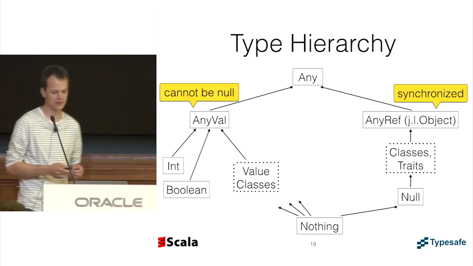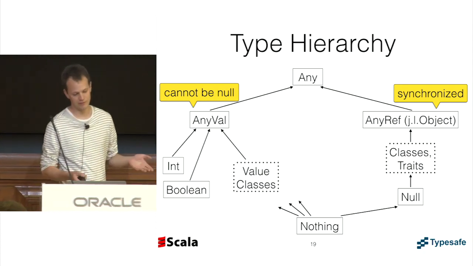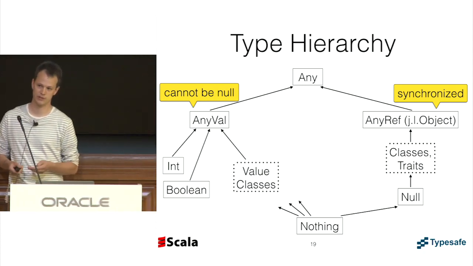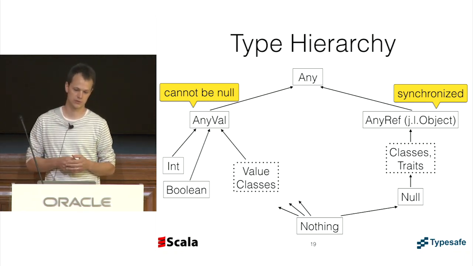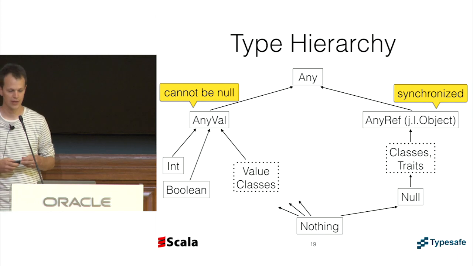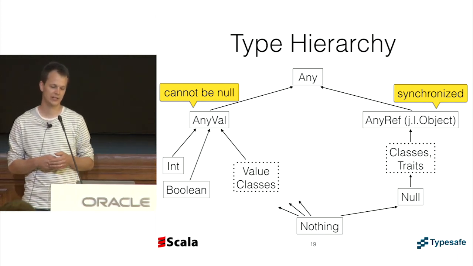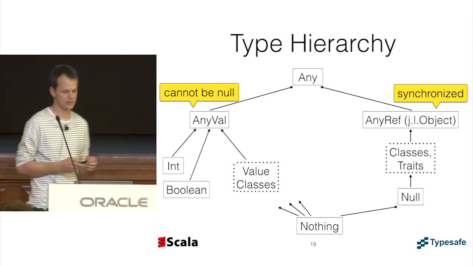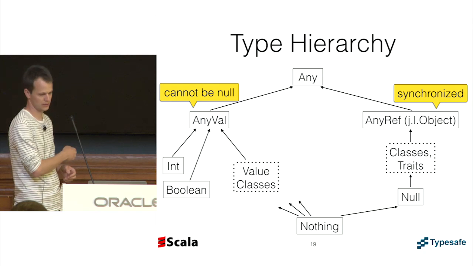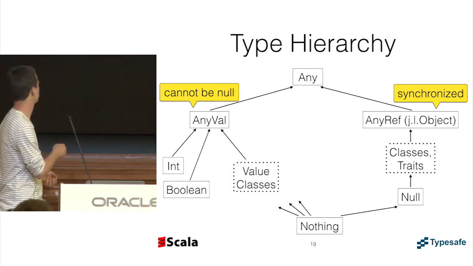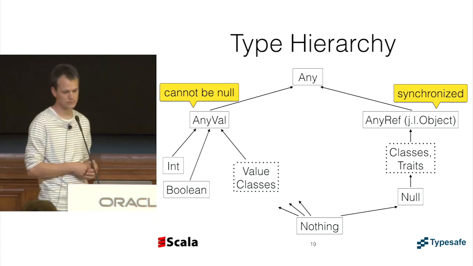The thing is that for primitive values like Int, and also primitive classes that you define as a user, you cannot assign null to such fields or to such values. And in Scala, we can rule out this possibility directly in the type system, because null is a special value that has this type here, Null, okay? And Null is only a bottom type of AnyRef, but it's not the bottom type of AnyVal.